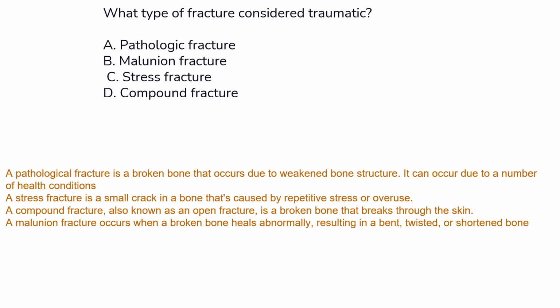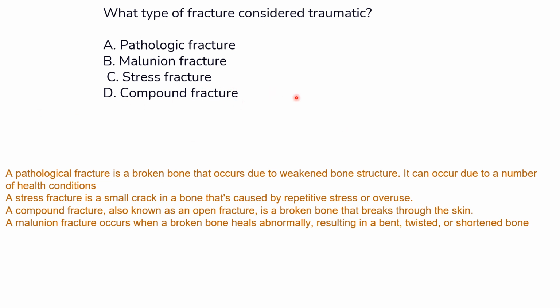What type of fracture is considered traumatic? We have the options. A pathological fracture is basically when the bone is broken but there is a certain disease involved. Malunion is when the broken bone heals abnormally, resulting in a bend, twisting, or shortening.